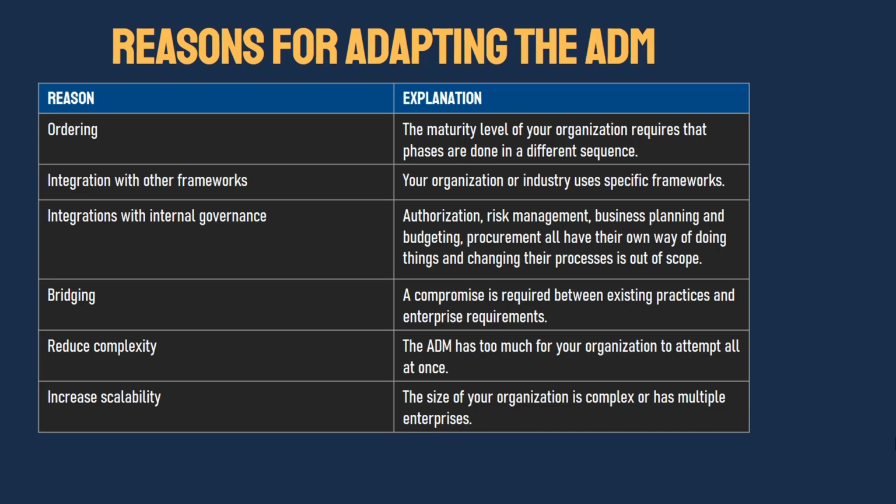And finally, sometimes you want to increase the scalability of the ADM. Maybe your organization is very complex or has multiple enterprises, and there have to be specific checkpoint tools and techniques that you want to add to the ADM in order to improve scalability in the organization you are working with.